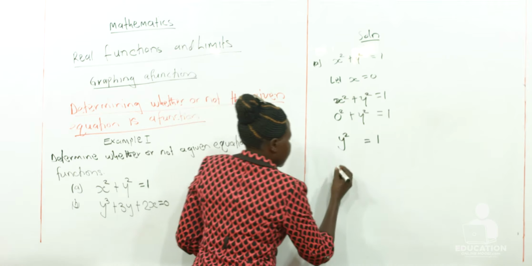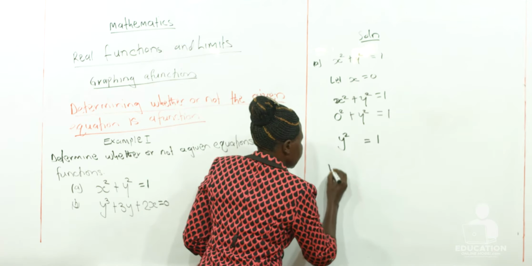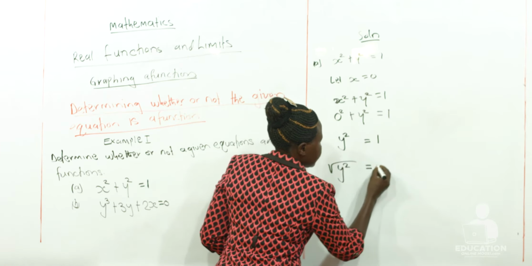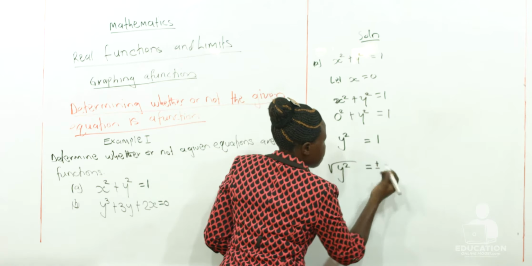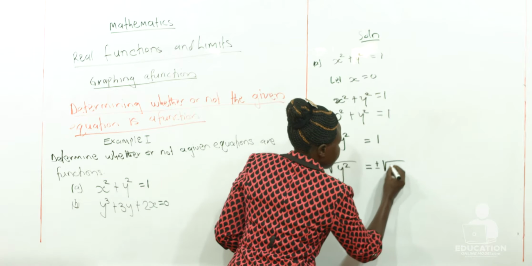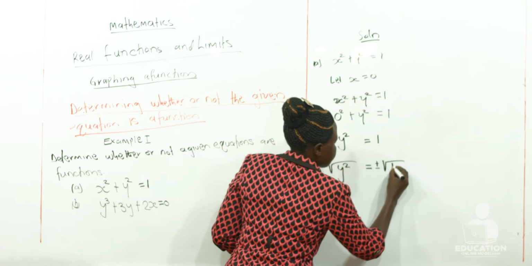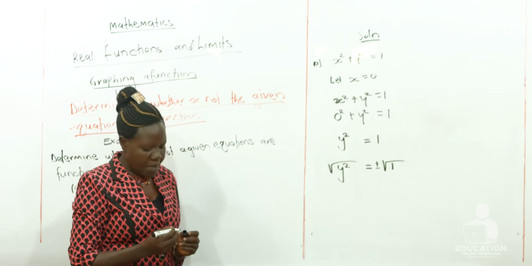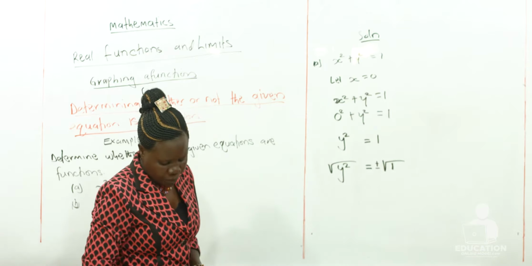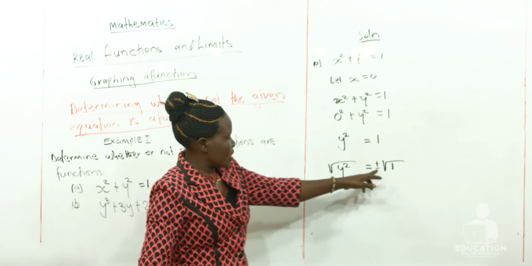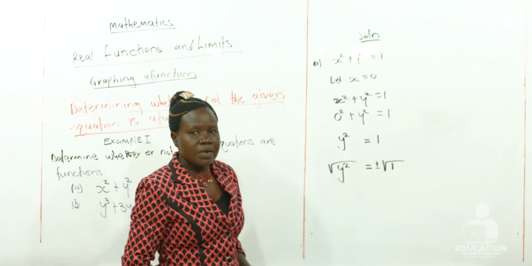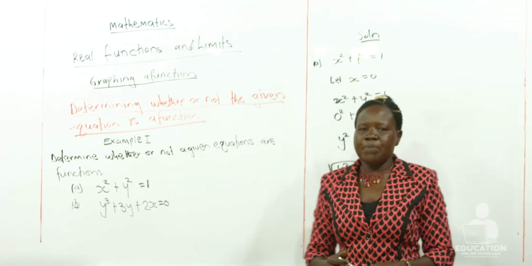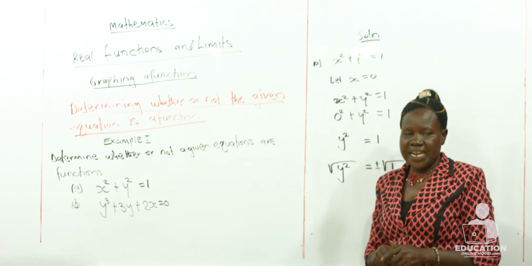So you root the y squared, and then we say y equals plus or minus the root of 1. Why do we say plus or minus? Because when you look at the y squared, the outcome may be positive or negative.